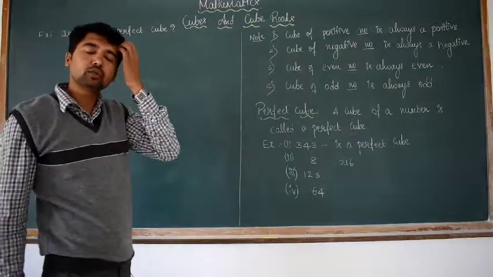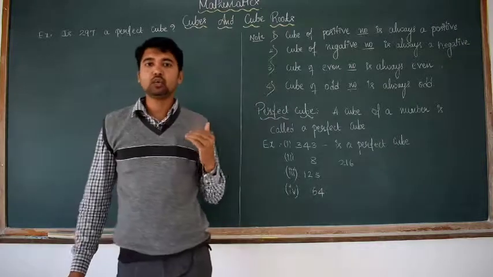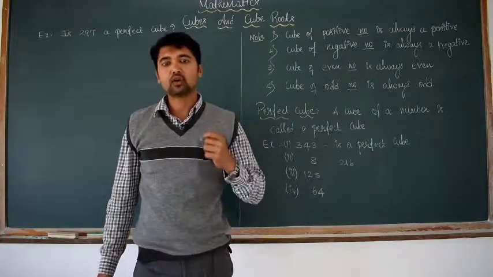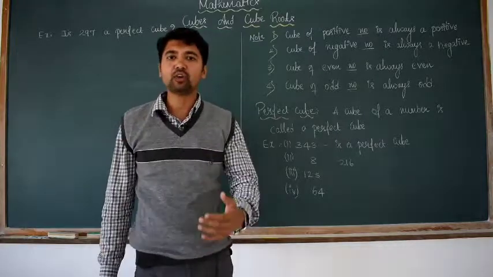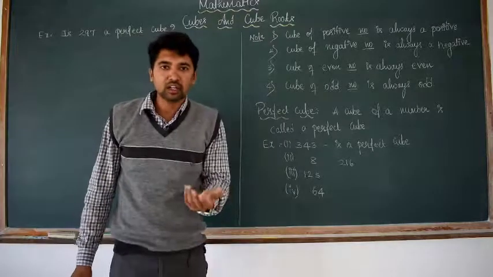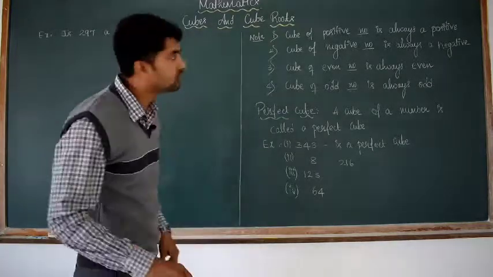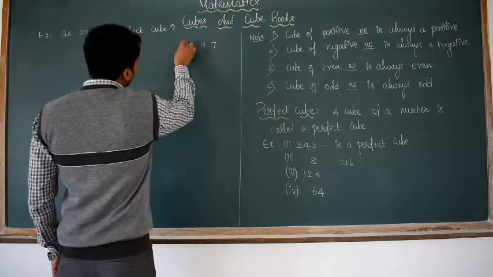As I told you, dear students, in order to check whether the given number is a cube or not, we need to go with a method called prime factors. Yes, you all know about prime factors. How to find the prime factors of 297 using the division method which you have learnt in your previous classes.